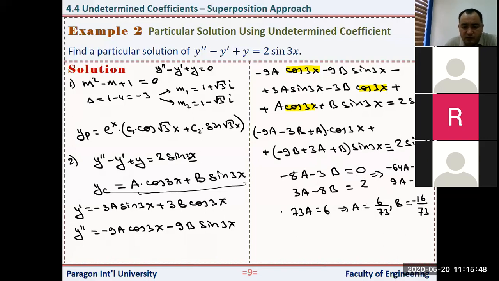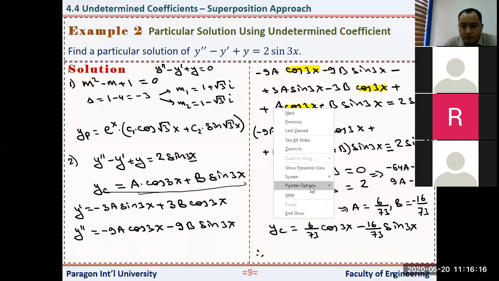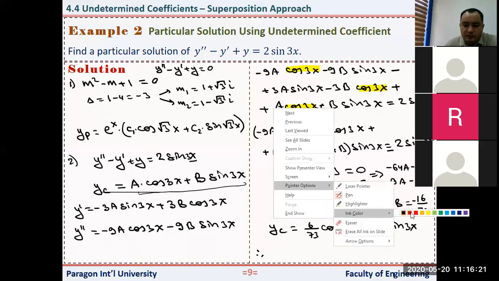So our complementary solution will be, what is a? a equals 6 over 73 cosine of 3x minus 16 over 73 sine of 3x. Then dots, dots, dots.